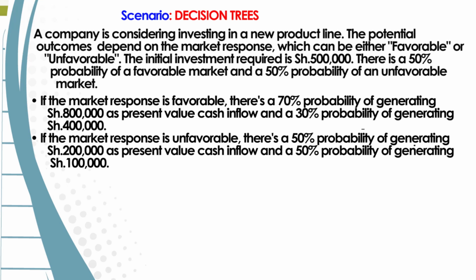If the market response is favorable, there is 70% probability of generating 800,000 mafarangas as present value cash inflows, and 30% probability of generating 400,000 mafarangas. If the market response is unfavorable, there is a 50% probability of generating 200,000 mafarangas as present value cash inflow, and 50% probability of generating 100,000 mafarangas.